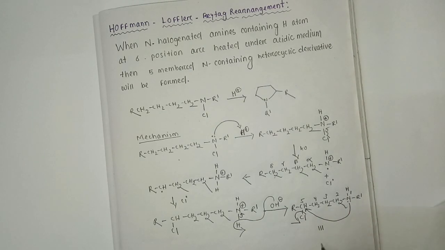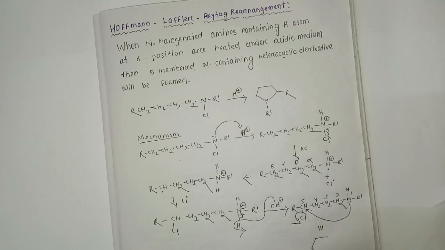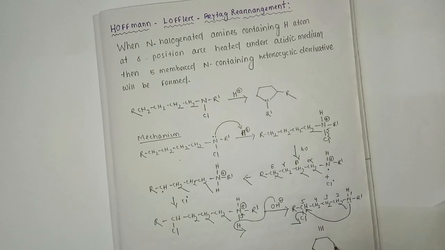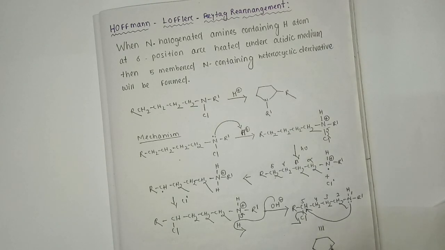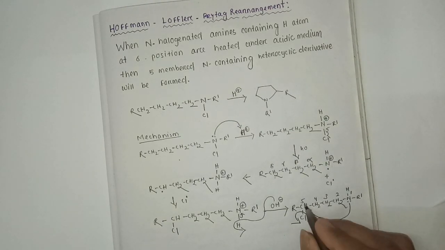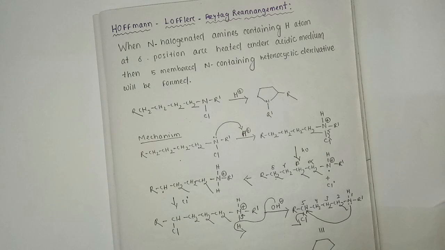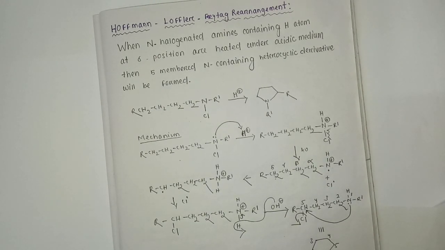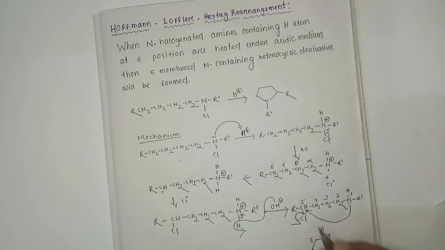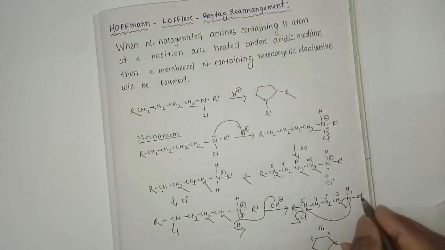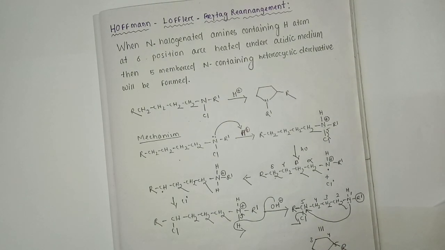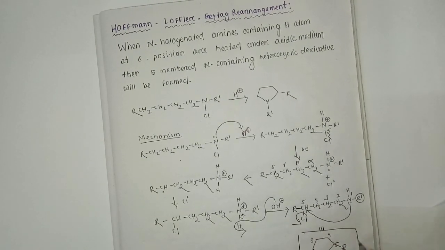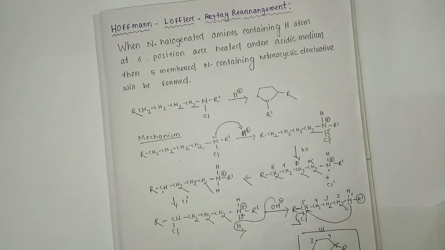This can also be written as a 5-membered ring with nitrogen, numbered 1, 2, 3, 4 and 5. In the 5-membered ring we have an R group, and nitrogen has an RDS group. So this is the final product of this rearrangement reaction.